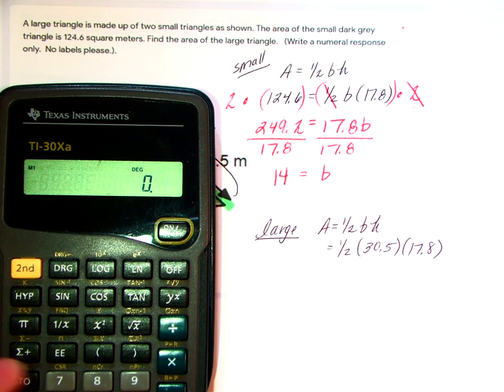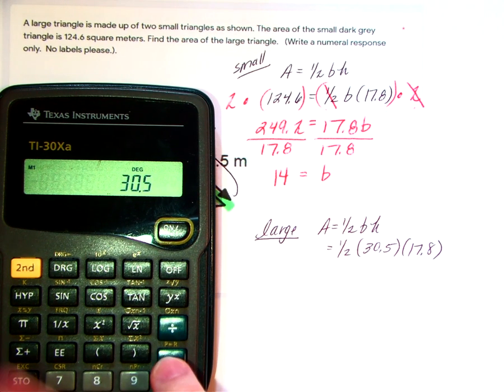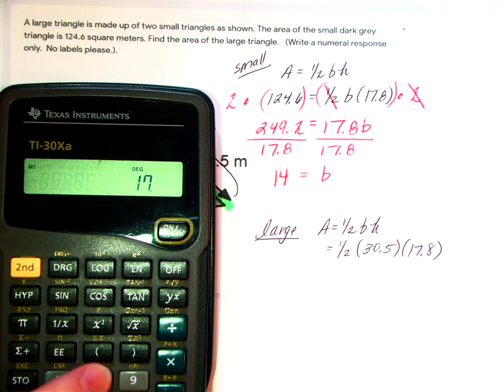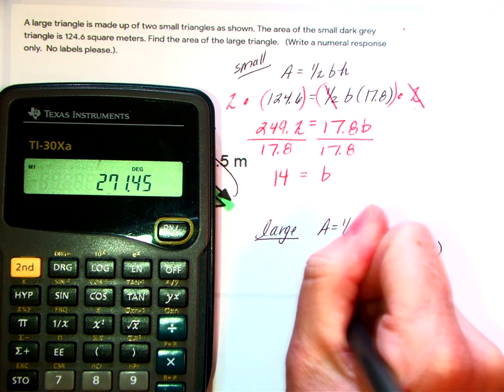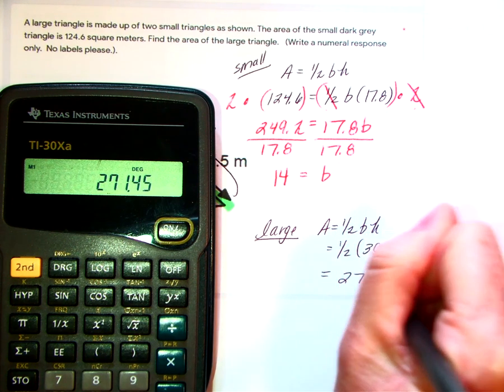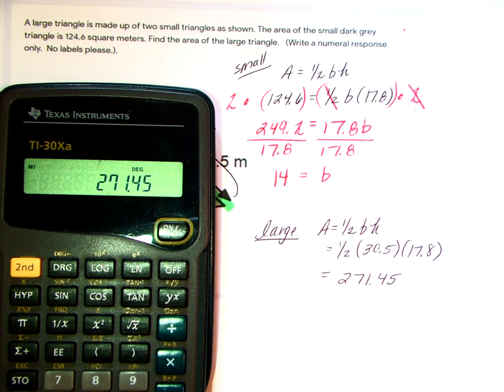There we go. Let's see. 30.5 times 17.8 equals, divided by 2. Multiplying by 1/2 is the exact same as dividing by 2. This tells me that the largest triangle is 271 and 45/100ths.